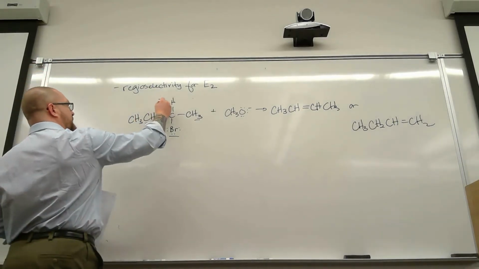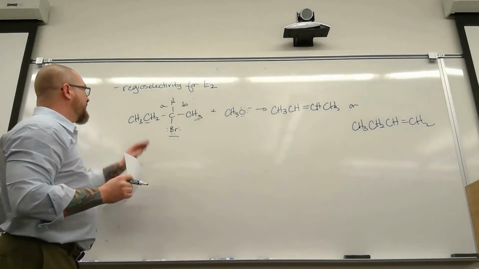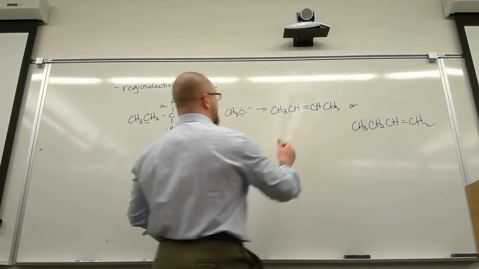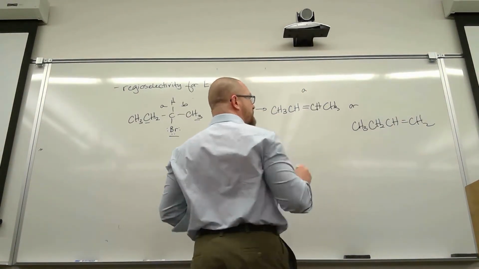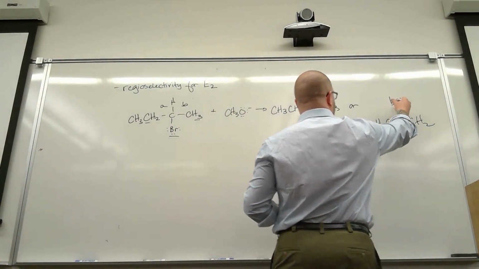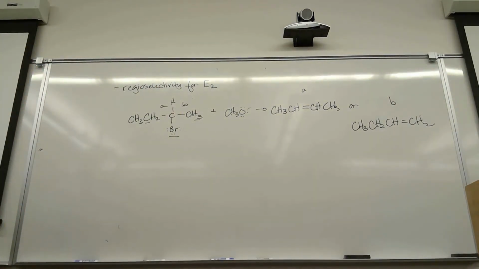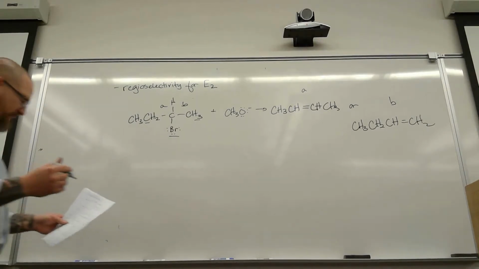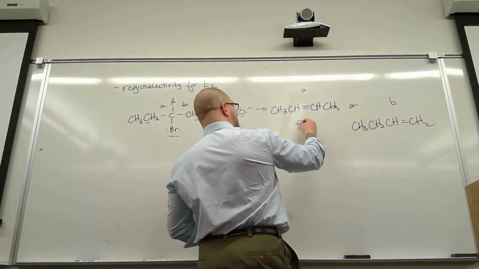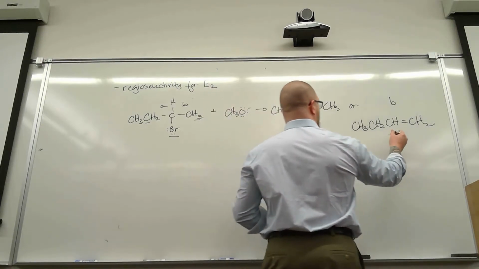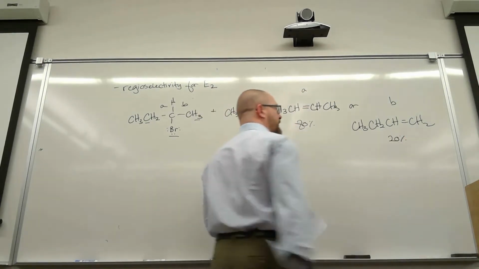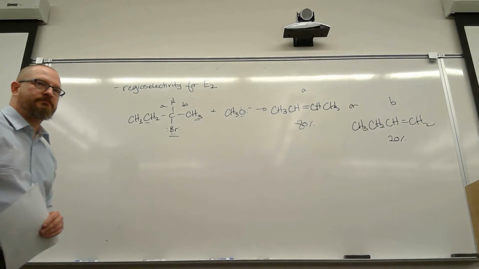We'll call this A, B. If we eliminate at position A, we get this. If we eliminate at position B, we get this. Now, one of these is more favored over the other. It turns out that this one is about 80% preferred. This one's only 20%.